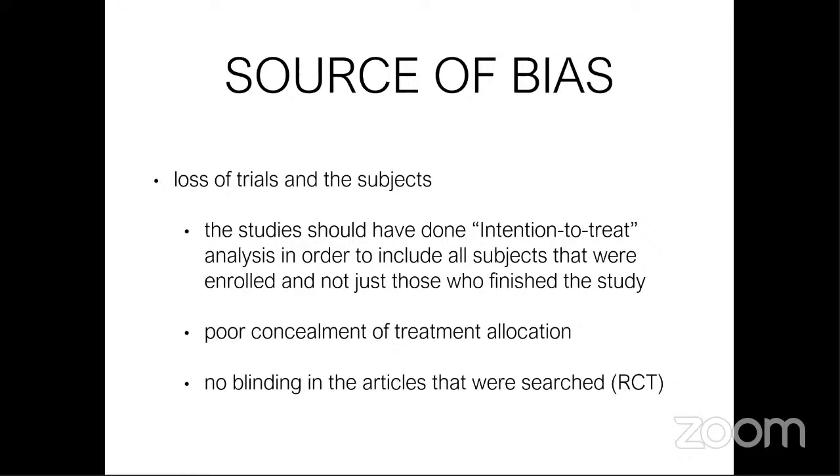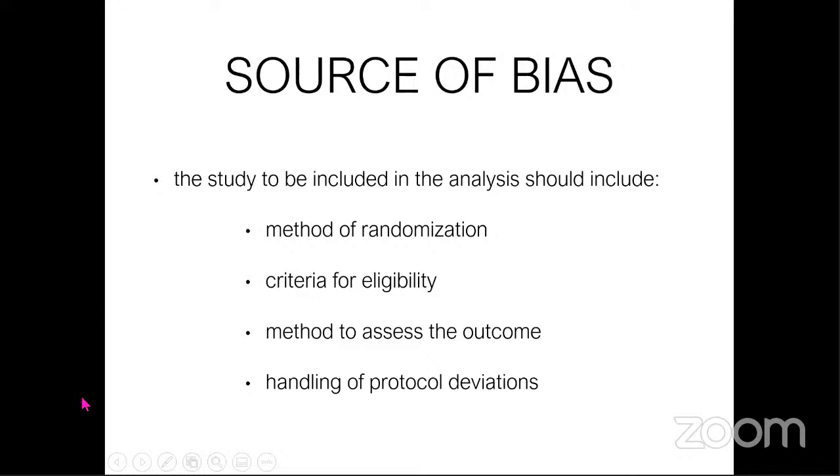The analysis should be done by intention to treat in order to include subjects that were enrolled and not just those who finished the study. For concealment of treatment allocation, there's no blinding. The study to be included should include method of randomization, criteria for eligibility, method to assess the outcome, and handling of protocol deviations.